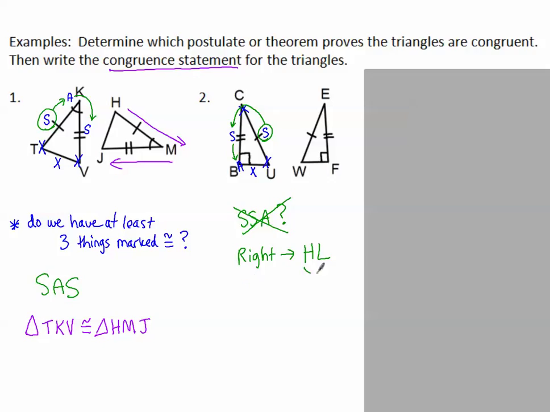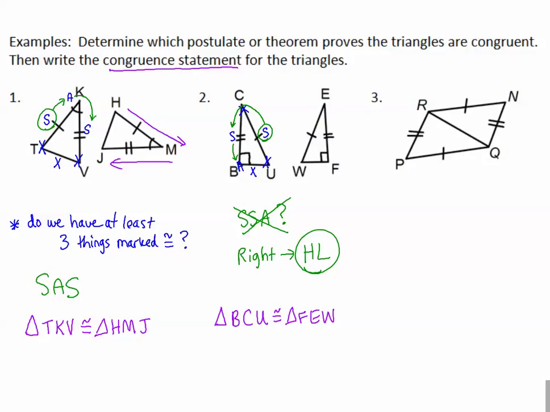So I can use hypotenuse leg, and now I can give my congruent statement. Triangle BCD, U, so I started at the right angle and went over the 2 slash side. I'll do the same thing here. Right angle over the 2 slash side gives me triangle FEW.